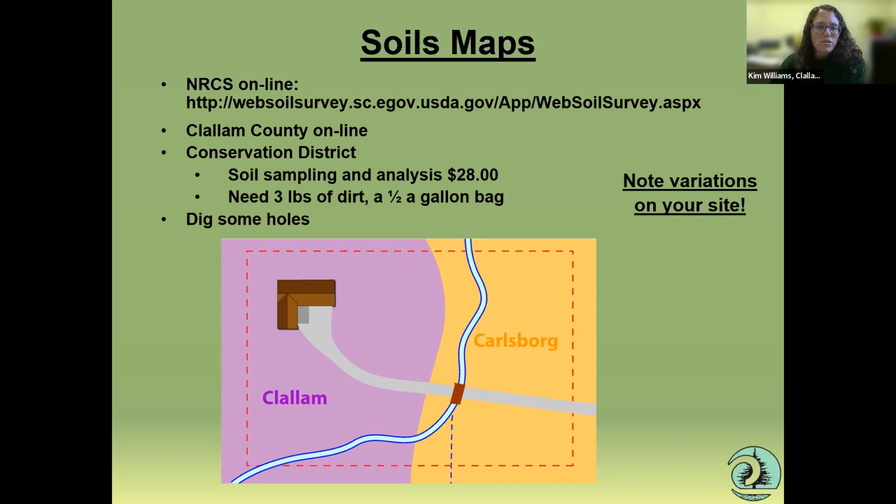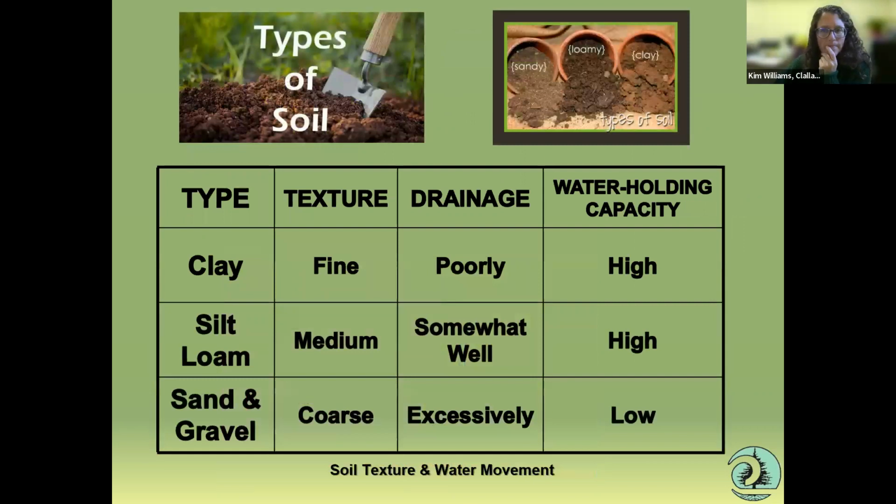But noticing your soil types is just a really great way to understand what kind of plants you should plant. And there are variations on your site, your own yard, so you've got to note those on your map. But also one of the best ways is to go out into your yard and just dig some holes.